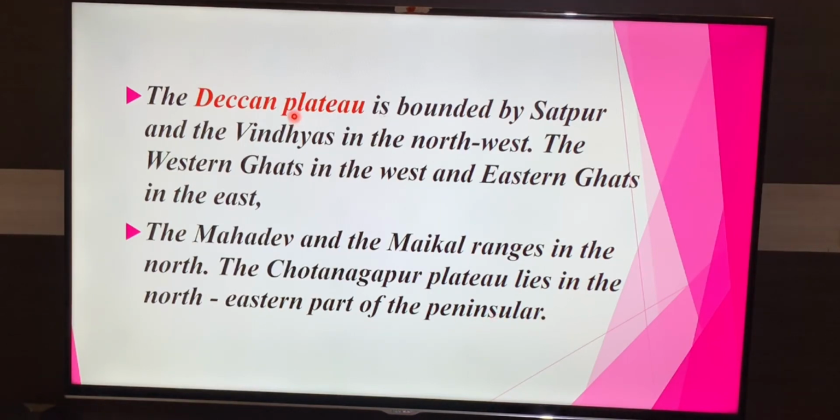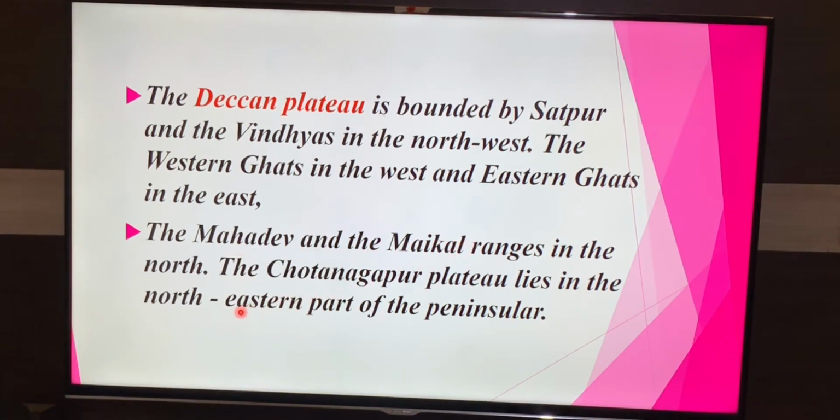Deccan Plateau is surrounded by Satpura and Vindhya Range on the northwest side, Western Ghats on the west side, and Eastern Ghats on the east side. In the north, two ranges are there, Mahadev and Maikal Range.